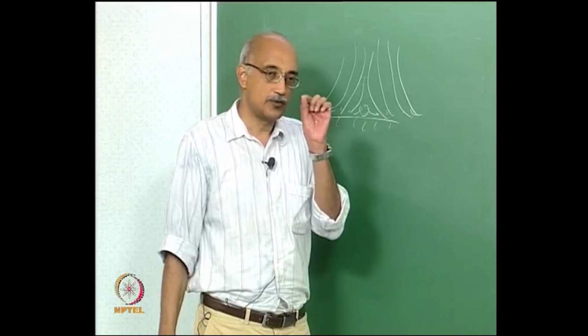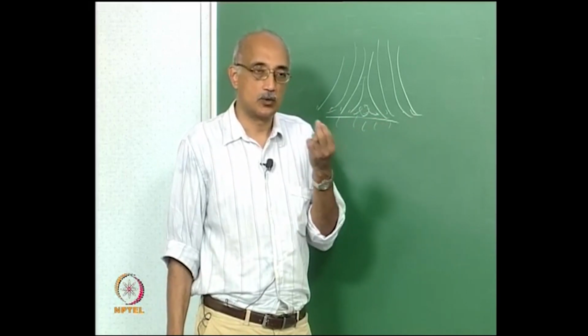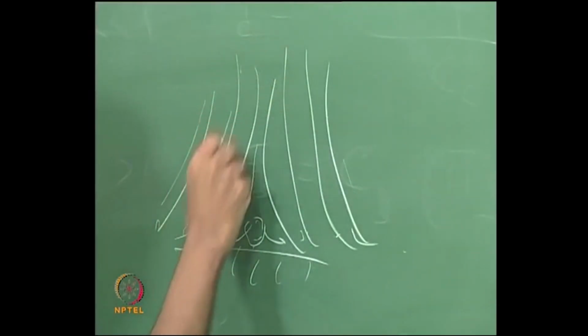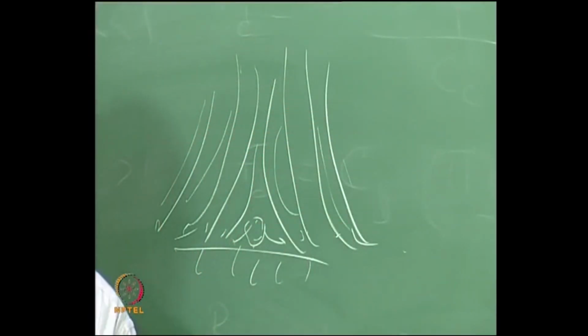So, if you have very, very fine particles, let us start with molecules, what would molecules do? They would basically follow the streamlines. They will just keep going along with the fluid streamlines.